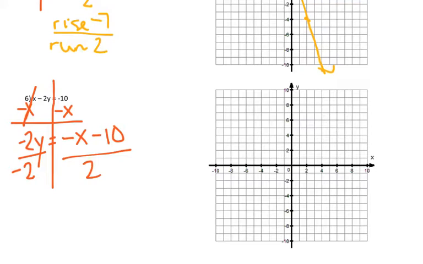Now keep in mind that the coefficient in front of the x, right here, is a -1. So I'm going to put a 1 there so I remember that. On the left-hand side, -2 divided by -2 is 1. So I get y equals, and then my slope is -1 over -2.